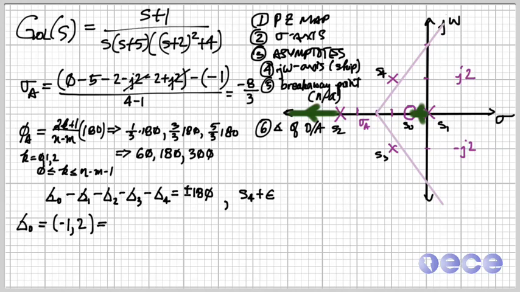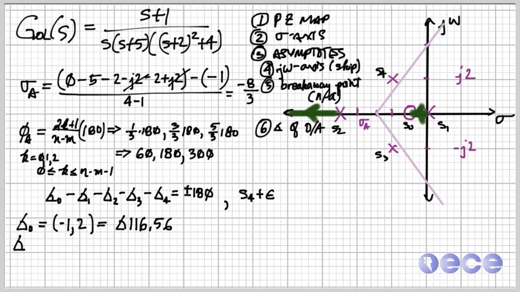Take your calculator and in Cartesian form just enter -1, 2, and then display it in polar form to get the answer. But make sure you're in degrees. There we go. So in degree form, that angle is 116.56.